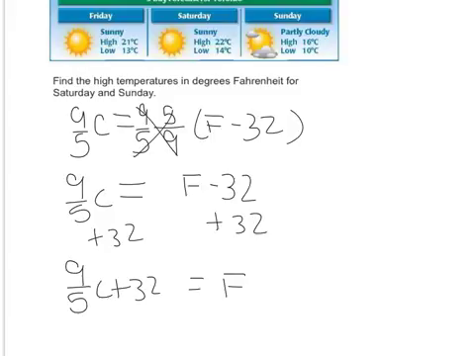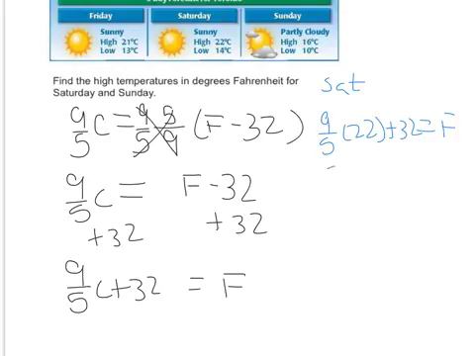So the high for Saturday is 22 degrees Celsius, so we need to plug it in. So here's Saturday. You have 9/5 times 22 plus 32 equals F. Okay? So let's do that in the calculator. So you go 9/5 times 22 plus 32.